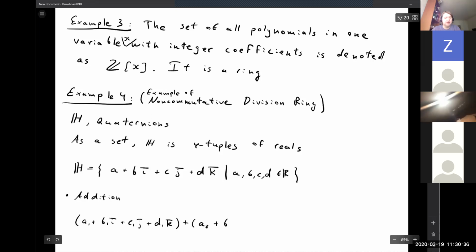So if you have another quaternion, then the result of their addition is the quaternion with a1 plus a2 as the first component, b1 plus b2 as the second component, c1 plus c2 as the third component, and d1 plus d2 as the fourth component.